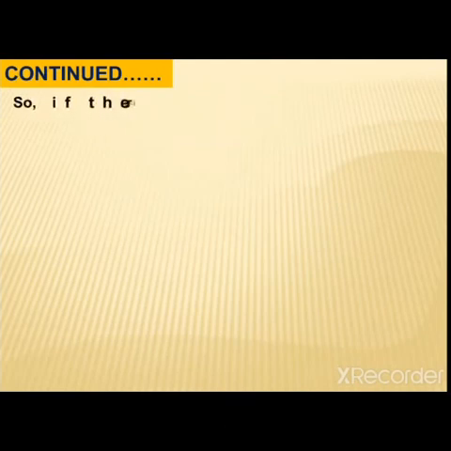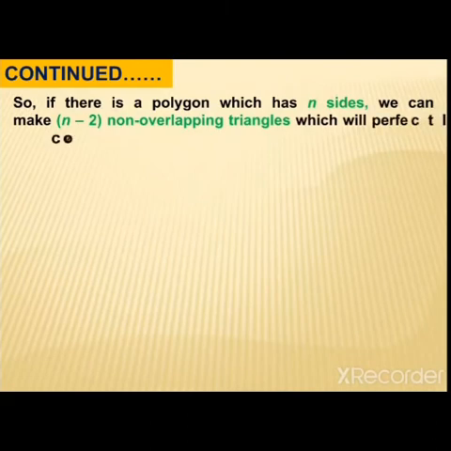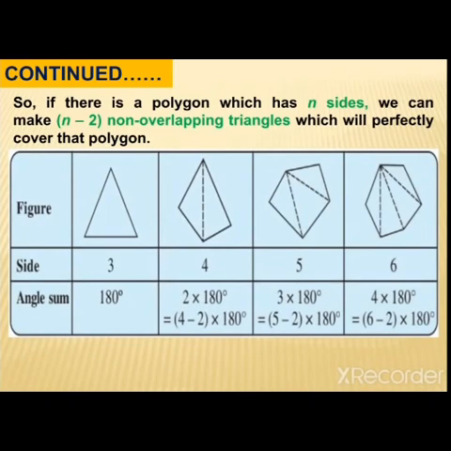Now continue. If there is a polygon which has n sides, we can make n minus 2 non-overlapping triangles which will perfectly cover that polygon. See this figure. In a triangle 3 sides are there. So the angle sum is 180, because n minus 2: 3 sides, 3 minus 2 is 1. So 1 multiplied by 180 degrees is 180 degrees. After that, see this figure, 4 sides.